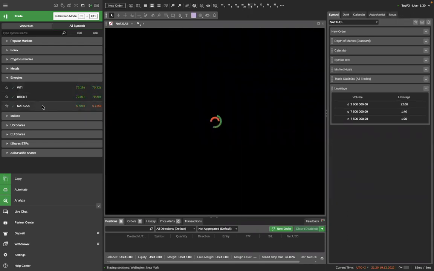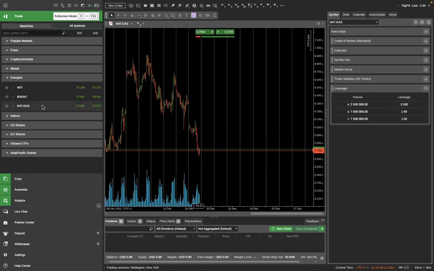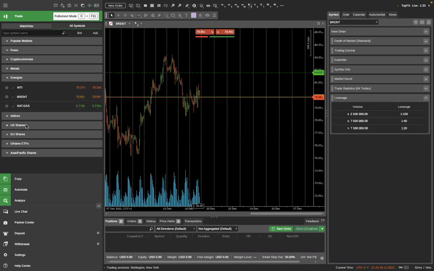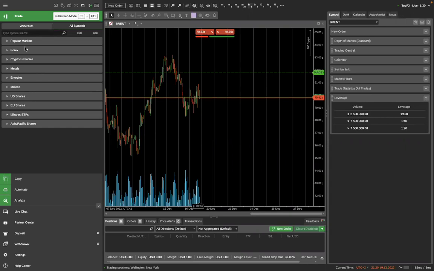The similar situation is with the natural gas and, of course, the Brent oil. If you play with this watch list of the possible markets to trade, you will find out that the different markets have a different dynamic leverage. So please keep an eye on this, what kind of a dynamic leverage is being offered by a certain market.